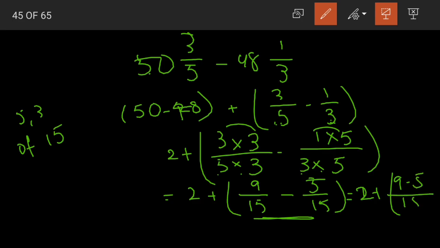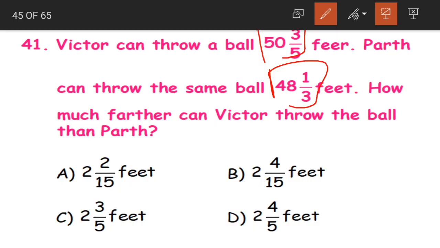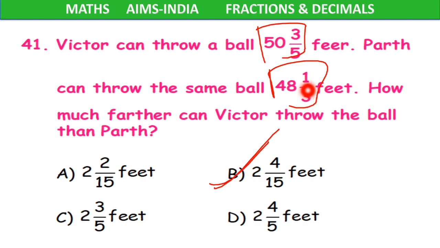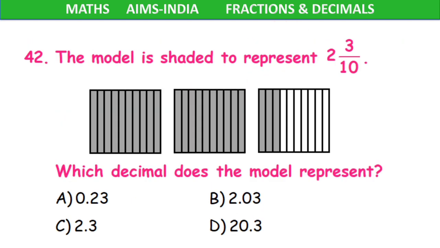Subtract the numerators and keep the denominator. 2 plus 9 minus 5 is 4 divided by 15. 2 plus 4 by 15 can be together written as 2 4 by 15. So 2 4 by 15 feet becomes our correct answer. That is option B. It is just a simple question of subtracting the given two mixed fractions. I hope this is clear.